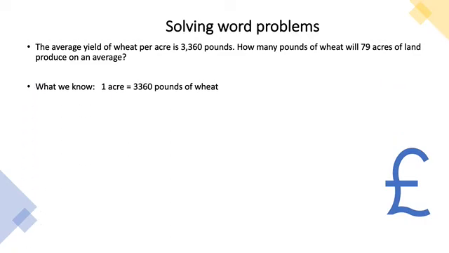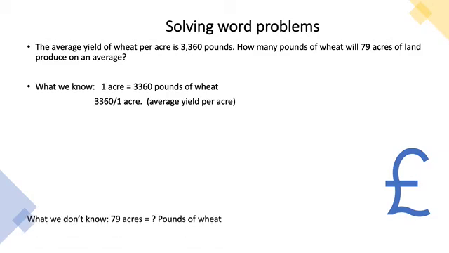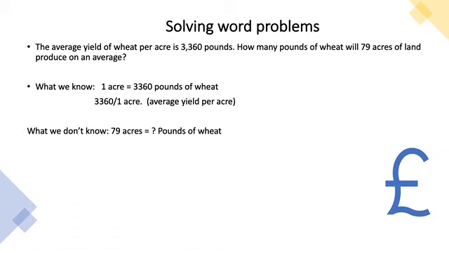We know that 1 acre equals 3,360 pounds of wheat, or we can simply say 3,360 per 1 acre. Remember, per means division. What we don't know is how many pounds of wheat we would have per 79 acres of land. Now we can simply say X pounds of wheat per 79 acres.